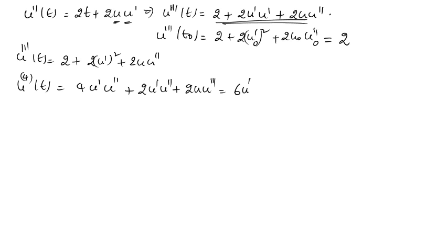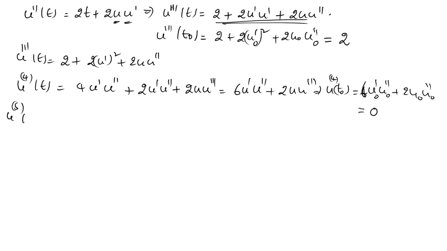So 6 u dash u double dash plus 2 u u triple dash. So the fourth derivative at t naught is 6 u dash naught u double dash naught plus 2 u naught u triple dash naught. So this entirely is 0.